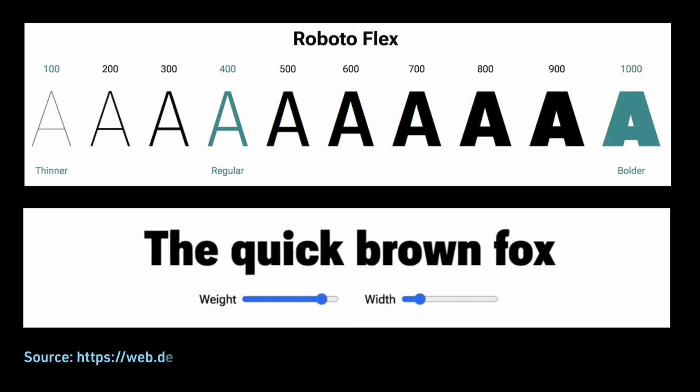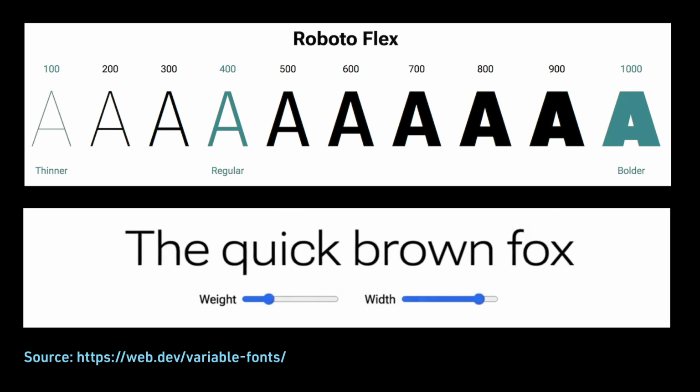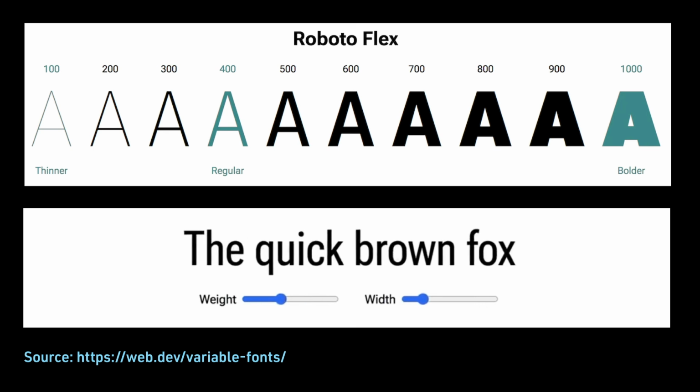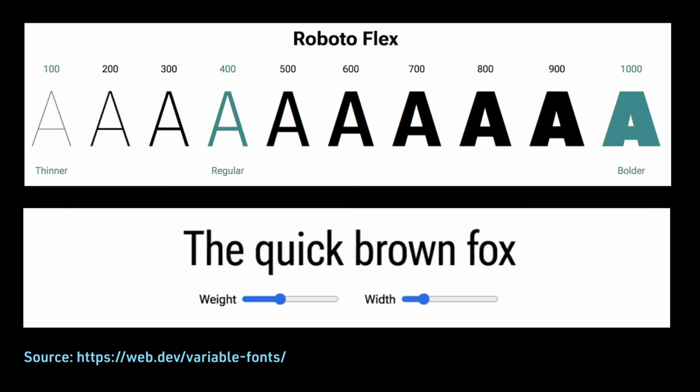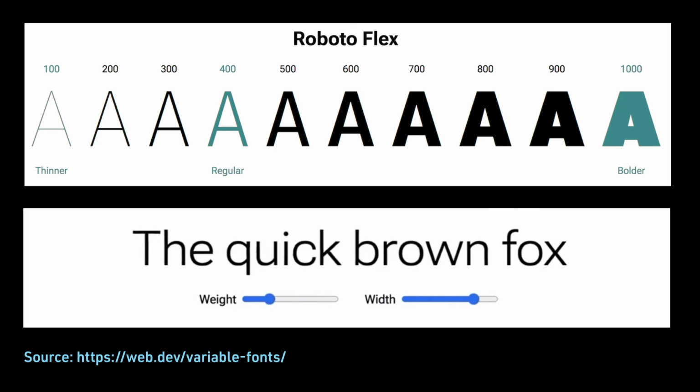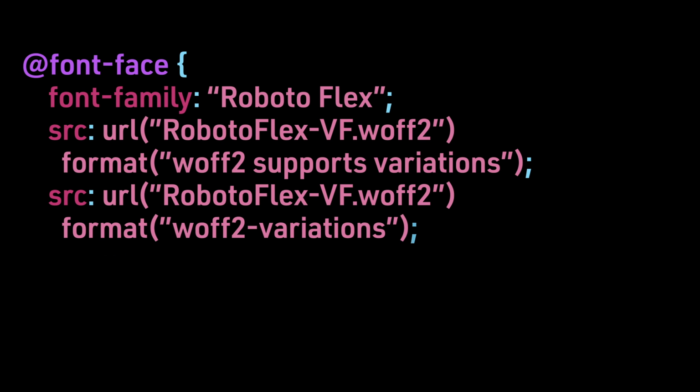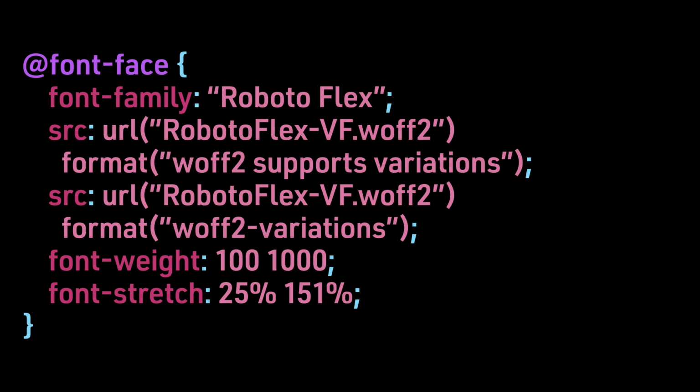Here is a demo of a variable version of the Google font Roboto called Roboto Flex. If we were to use Roboto Flex, we might write out a statement like this. @FontFace. Font family Roboto Flex.